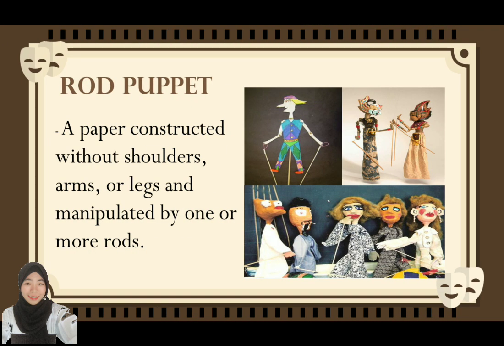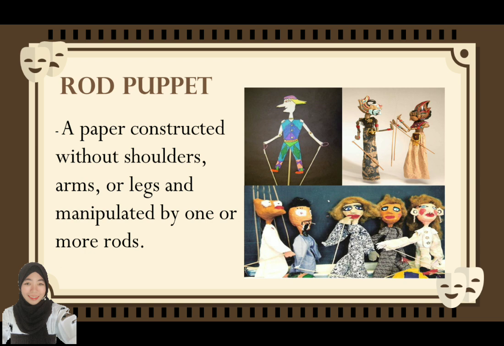Rod puppet: a puppet constructed without shoulders, arms, or legs and manipulated by one or more rods. Okay, a rod puppet is a simple puppet made from lightweight materials, usually with just a head or torso.